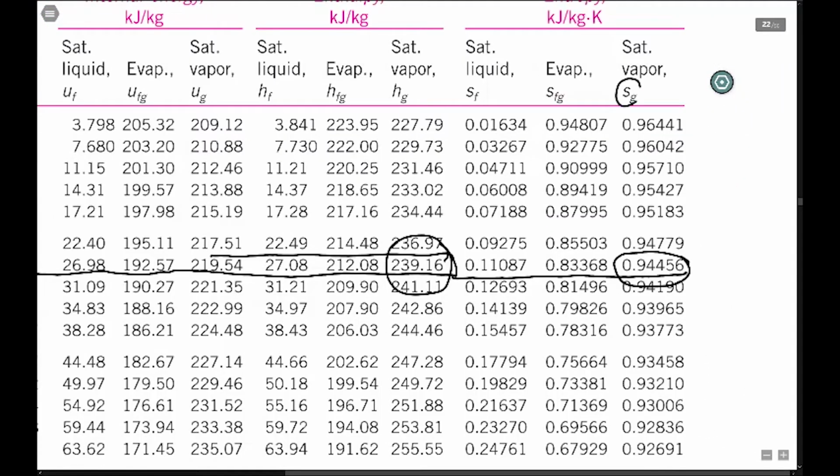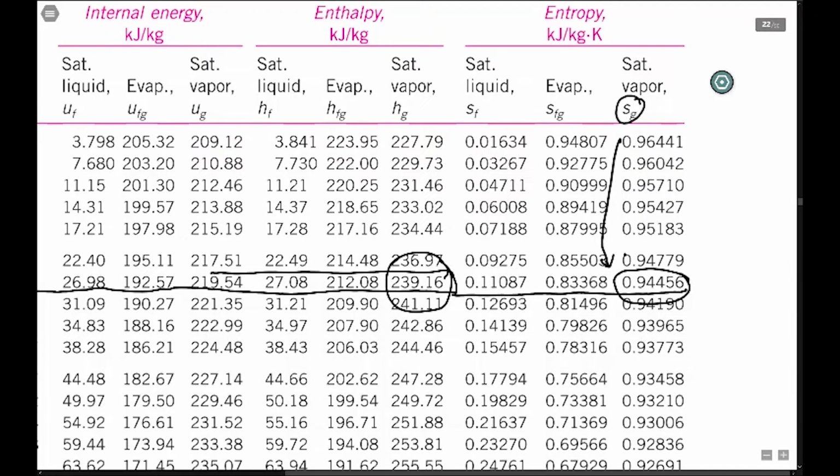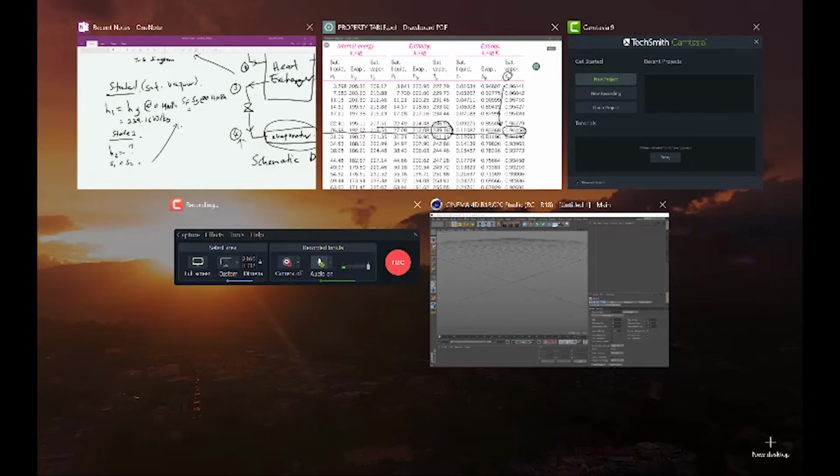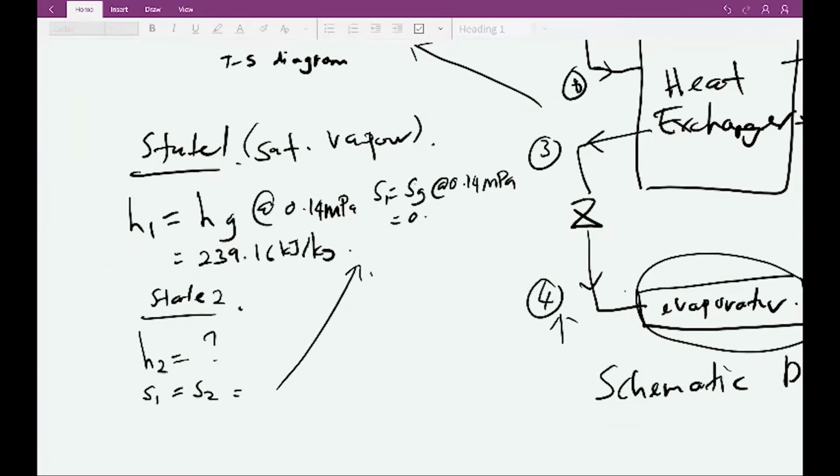Look at Sg, because it is saturated vapor, and I take this amount: 0.94456 kilojoule per kilogram Kelvin. I'm copying it back here: S2 equals 0.94456 kilojoule per kg Kelvin.